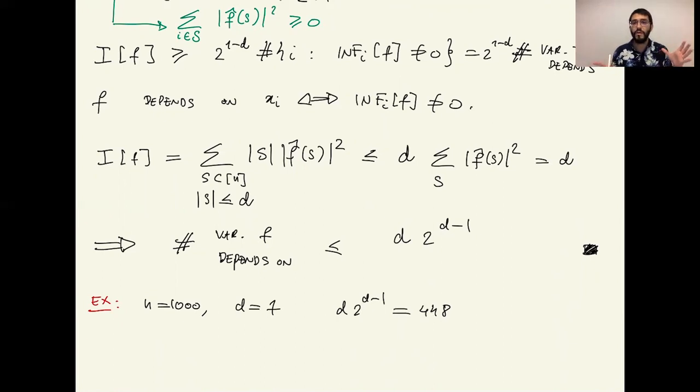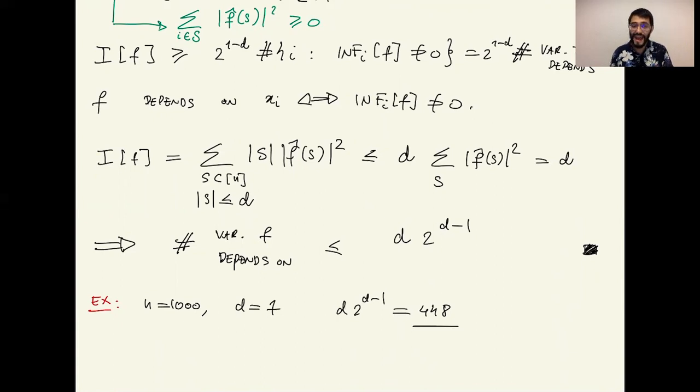So if you have a Boolean cube, a Hamming cube of dimension 1,000, and a Boolean function that has degree 7 at most, then it actually depends on less than half of the variables.